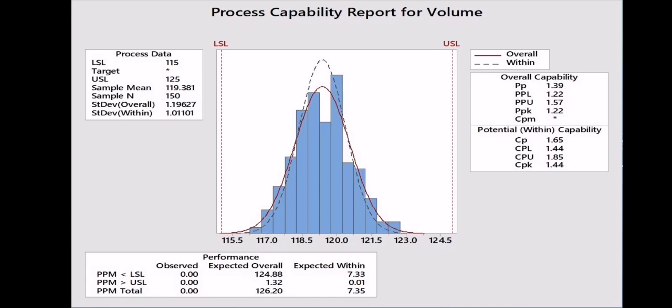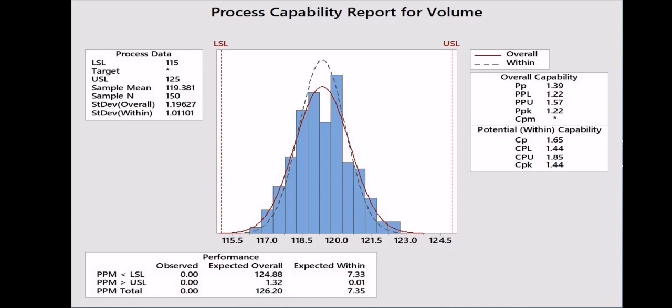And the last two entries in that panel show the standard deviation overall as 1.19 and the standard deviation within as 1.01. Now, in this case, the overall standard deviation is more than 10% greater than the within standard deviation. So we conclude that this process is not stable. The mean fill volumes vary from batch to batch.